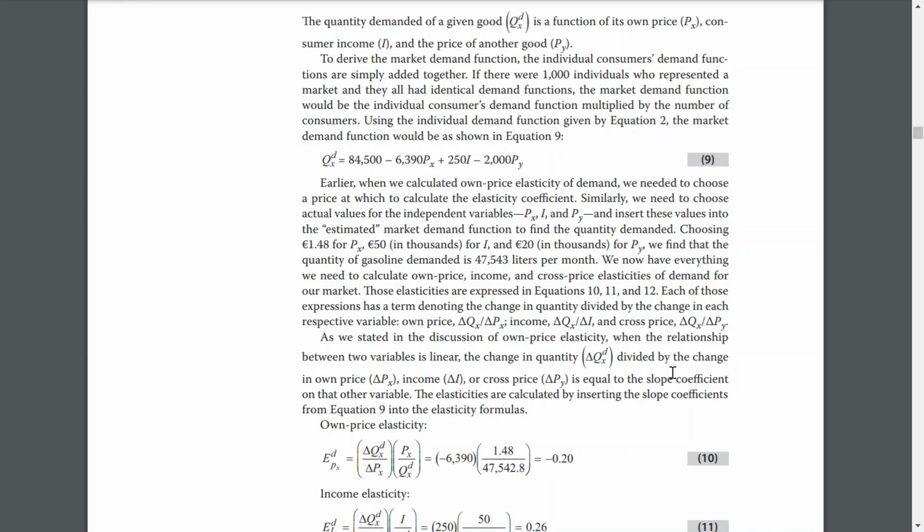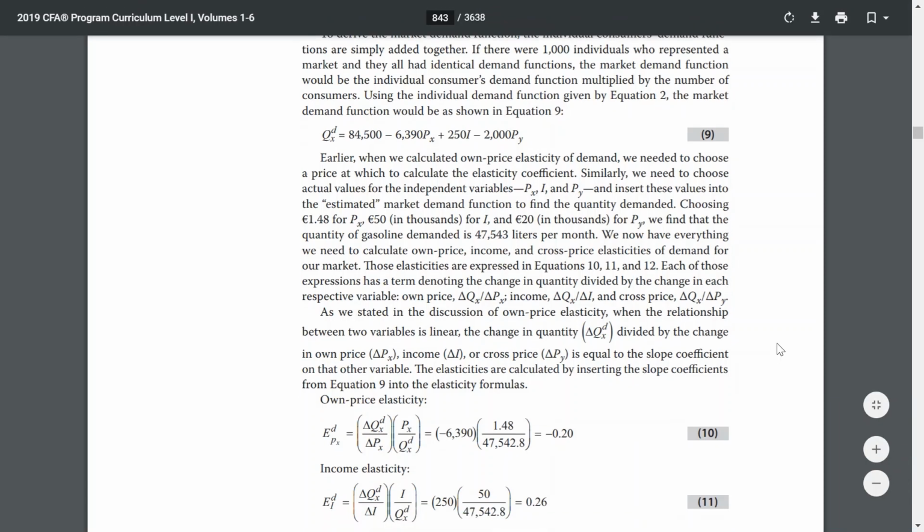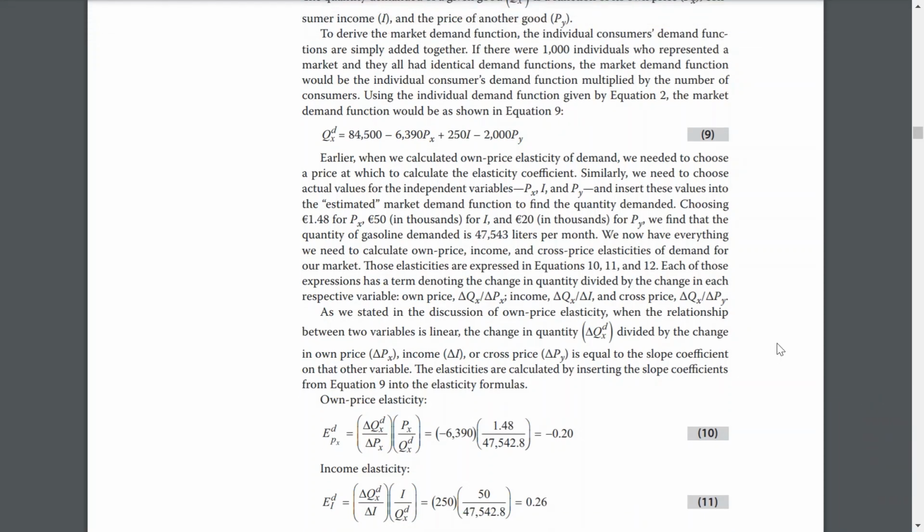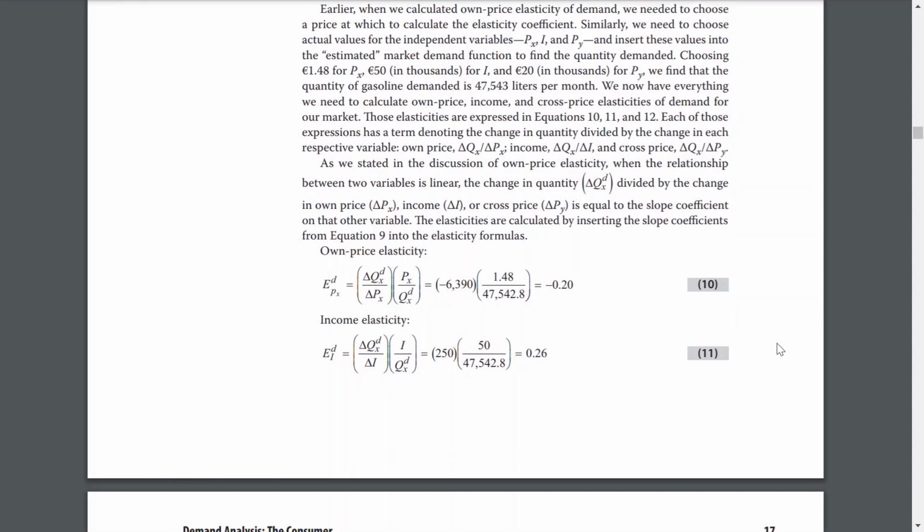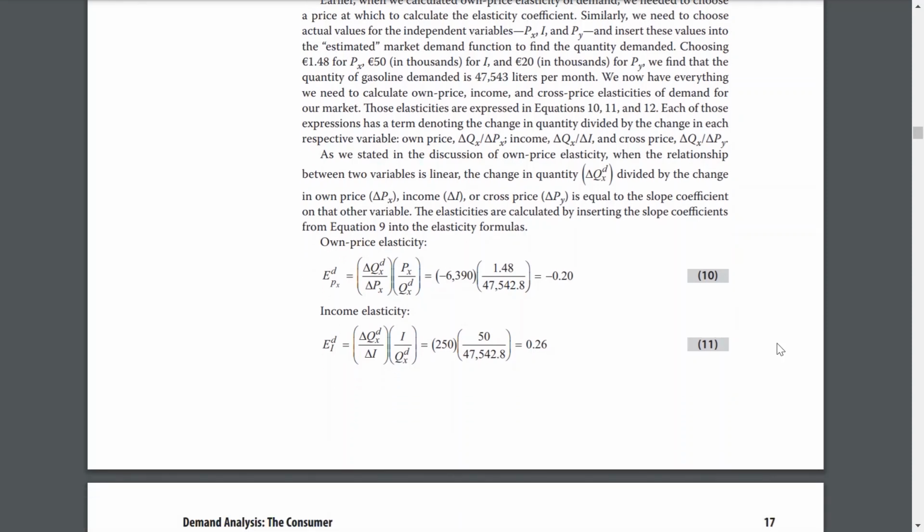Each of these expressions has a term denoting the change in quantity divided by the change in each respective variable: own price, delta Q over delta P; income; and the cross price. As stated in the discussion of own price elasticity, when the relationship between two variables is linear, the change in quantity demanded, delta QD, divided by the change in own price, delta PX, income, delta I, or cross price, delta PY, is the slope coefficient of the equation.